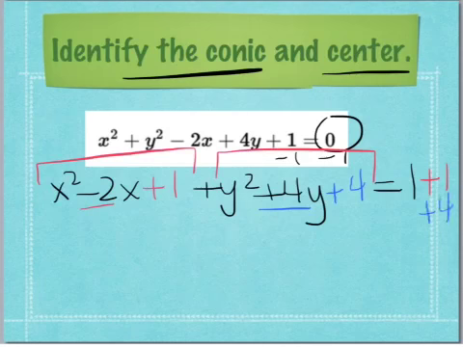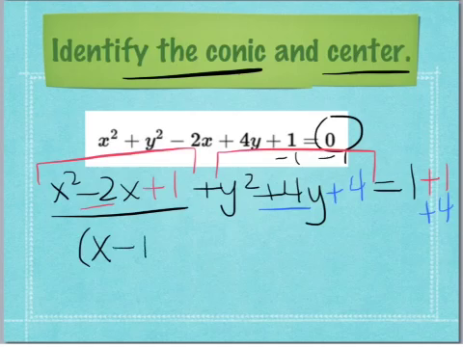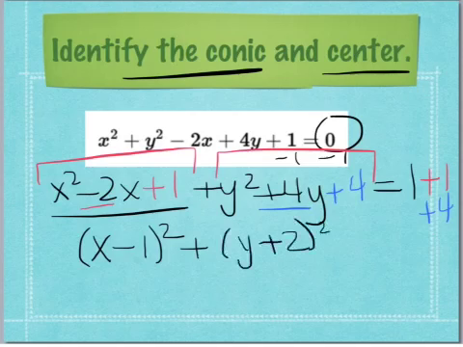So now we simplify that. And remember when we complete the square, we factor this thing. Remember that half of b goes inside the factor, like that. So half of -2 is -1. And we do the same thing with the y. So half of 4 is 2, quantity squared, and then the right-hand side is 4 plus 1 plus 1, which is 6. And then if we look at this here, that's got to be a circle.